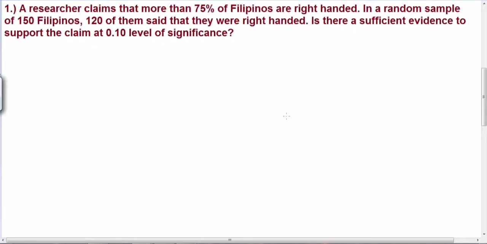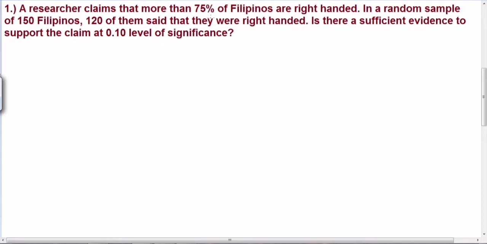Guys, kapag nakakita kayo ng proportion sa isang problem, like nagsasabi siya na out of whole population, ito ang nagsabi ng ganito. Out of the whole population, ito ang na-interview nila na ganito. So, kapag nakakita kayo ng mga ganong proportion like 10 out of 50 or 9 out of 10, ibig sabihin nun, we are dealing with proportion.